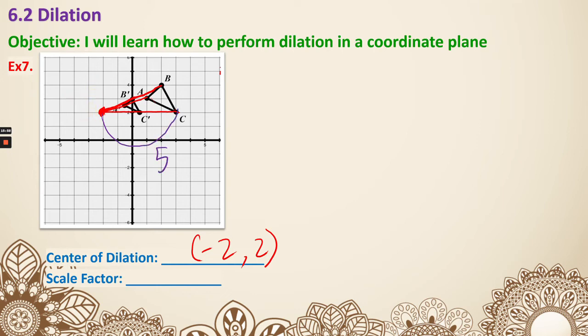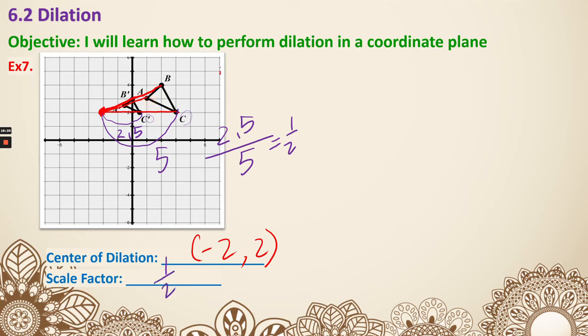Then from the center of dilation to C prime, that is 2.5 away. Again, new over old. To indicate it's a new one, we can see the little prime. So it's going to be prime over the regular letter, 2.5 over 5. If you simplify the fraction, that is going to be 1/2. So the scale factor is 1/2.